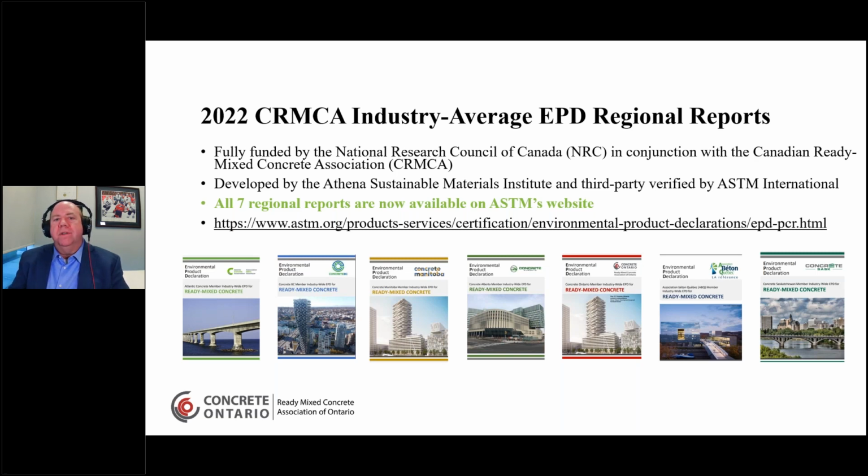That covers the 7 regional ready-mix concrete associations that we have in Canada, and we allowed each region to come up with their own individual report. Those reports were published at the end of July. We just had a quick update to fix a few typos recently, but they're all available on the ASTM website. And I know Alen has a link to our Ontario one that you can download from your computer right now just by clicking on it, or you can go to our website to pull it down as well. So we'll get into that in a second.